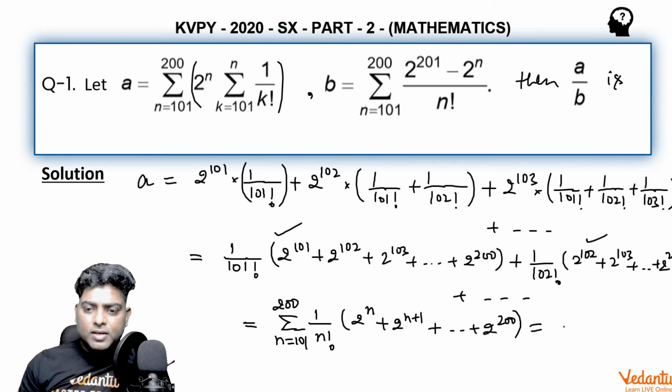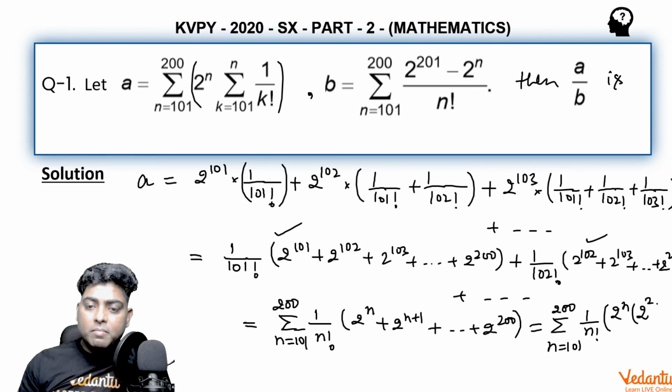If we add this GP coming inside the bracket, I can write 2 raised power n as the first term, the common ratio is 2, and the number of terms is 200 minus n plus 1, that is 201 minus n, upon 2 minus 1.